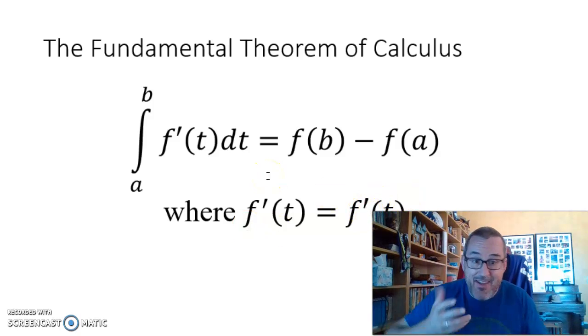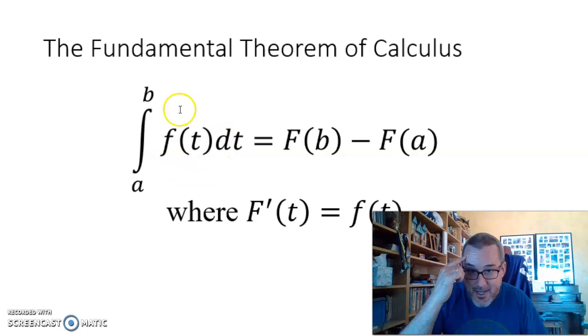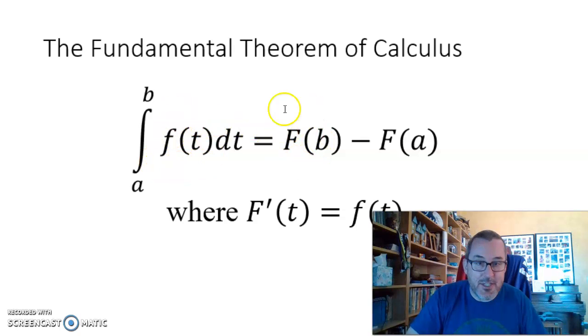Now there's another way that has been conventionally done in calculus to represent these quantities, and that is with lowercase and uppercase. So sometimes you'll see it this way. Lowercase f of t here, uppercase F here. The idea being, though, still that your brain is thinking, this is a rate of change function, and this is the function that would produce that rate of change, like velocity and position.